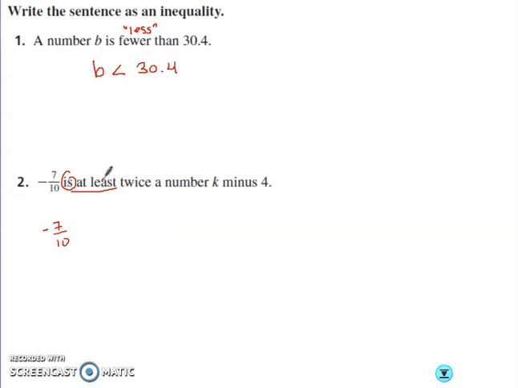What this means is that at the very smallest, it is twice a number k minus 4. So what that means is that negative 7 over 10 is actually greater than or equal to. The smallest it can be is twice k minus 4. So negative 7 over 10 is greater than or equal to twice the number k minus 4. Twice means 2 times k minus 4.